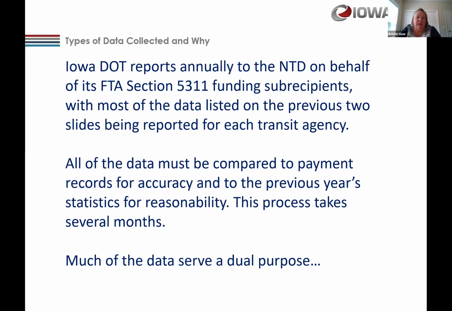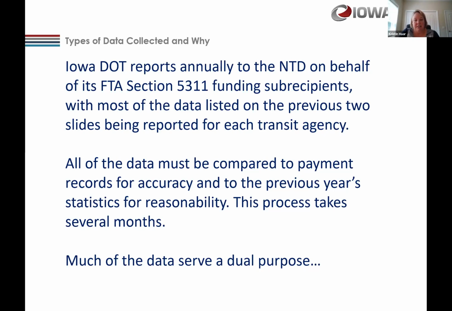So like I said, our staff at the DOT reports annually to the NTD on behalf of our 5311 subrecipients, with most of that data listed on the previous two slides reported for each transit agency. And in order to verify all of that, we compare to our payment records for our contract and reimbursements for accuracy, and then also to the previous year's statistics for reasonability.